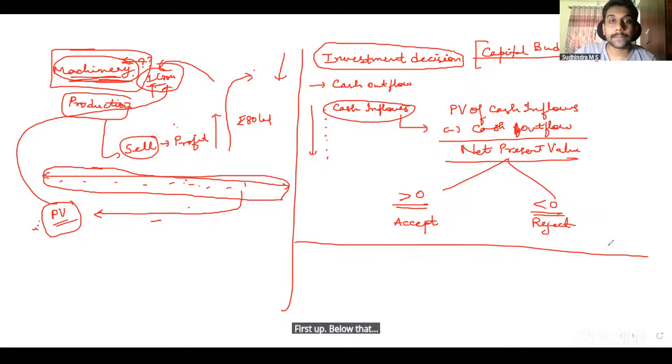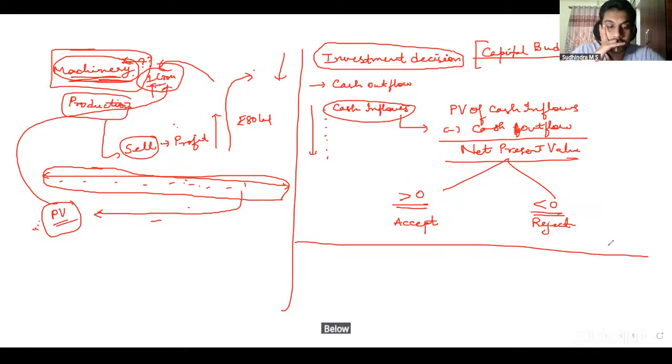Below that, present value of cash inflow minus the cash outflow will give us the net present value. Full stop.